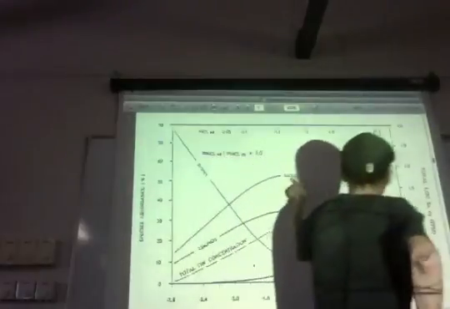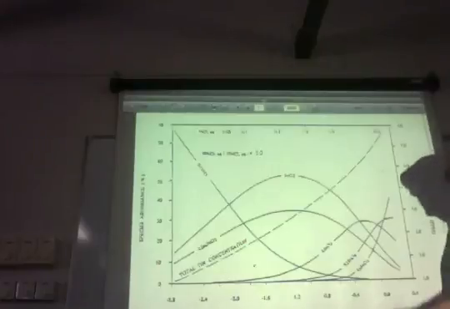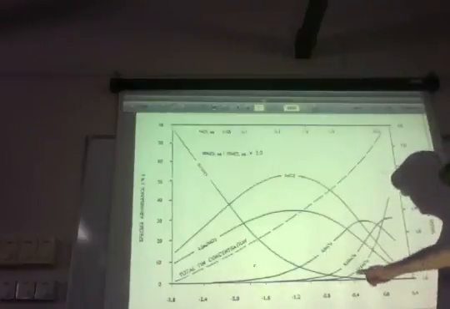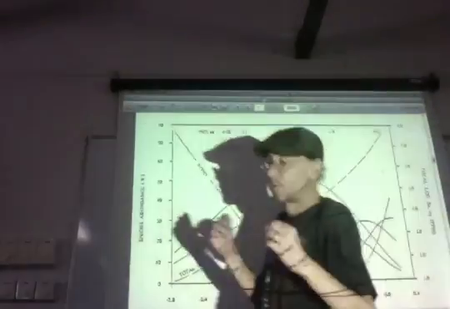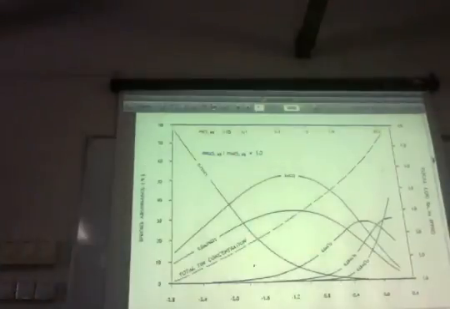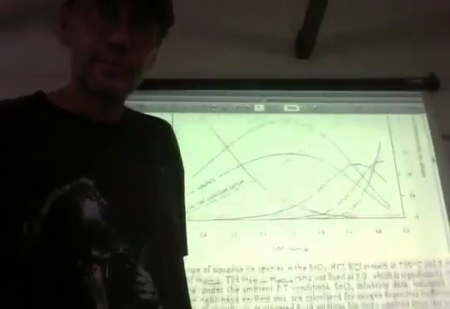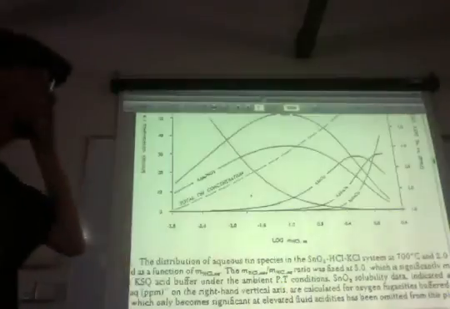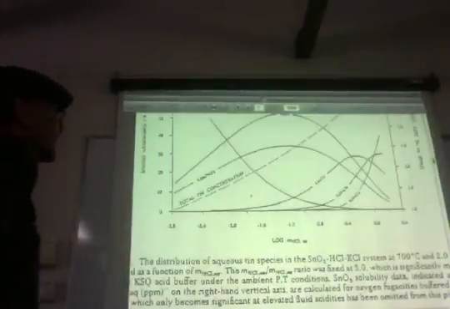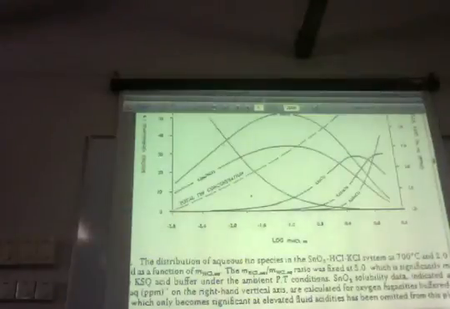Here, for example, you have tin chloride. Here you have some potassium tin chloride, and here also potassium tin chloride, and these are just fluid species. They have done this diagram in the tin, HCl, KCl system at 700 degrees Celsius. That is not important for you in the examination because that's too tough.